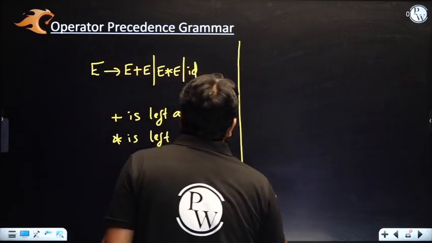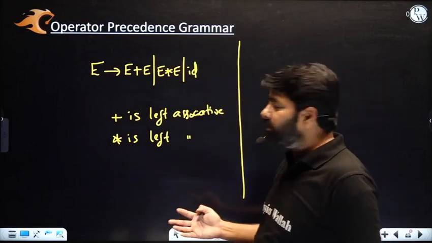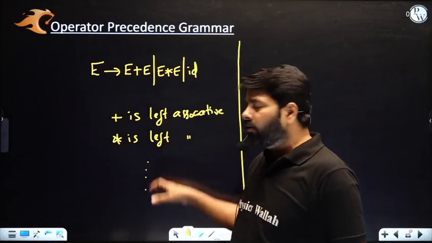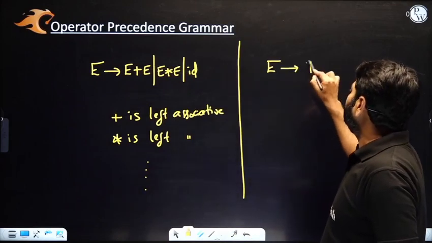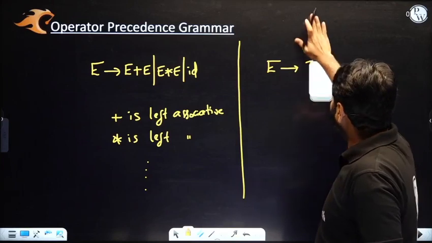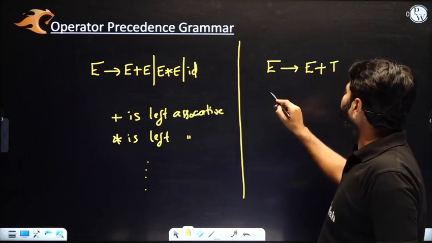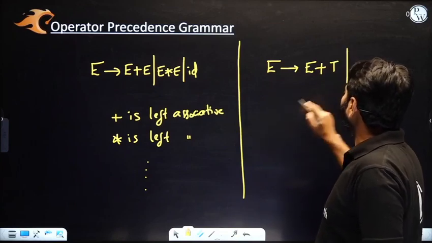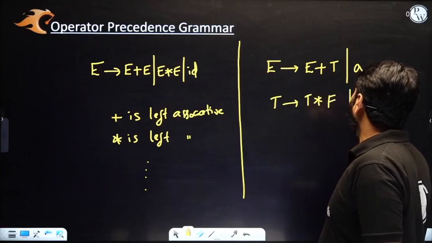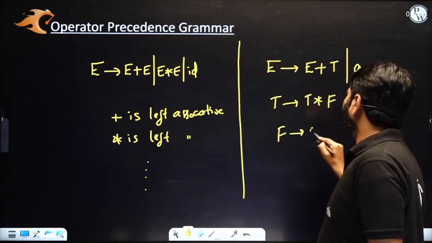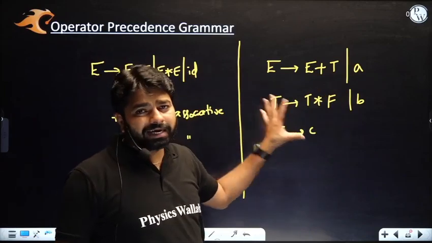But sometimes I need not tell you what the associativity and the precedence are. Look at this: E derives E plus T, or T; T derives T star F, or F; and F derives, let's say, C. This grammar is not ambiguous, so it is unambiguous.